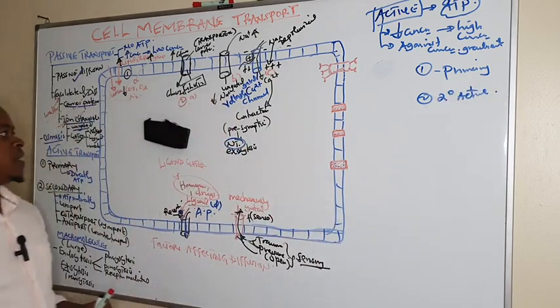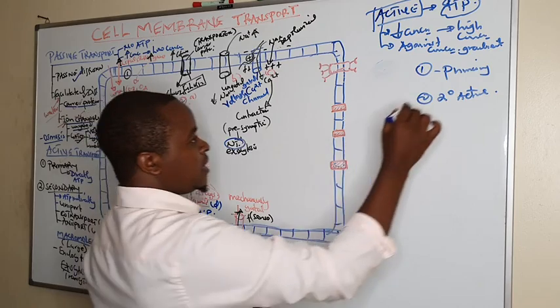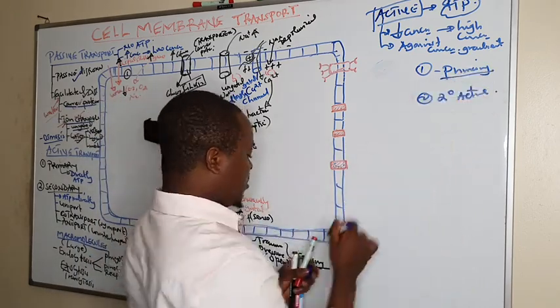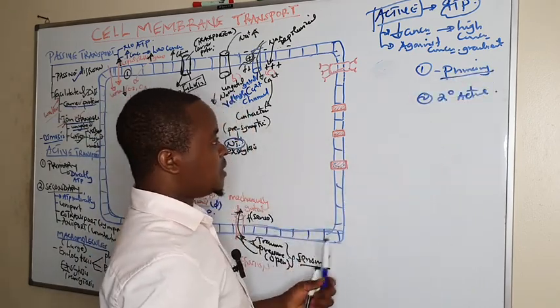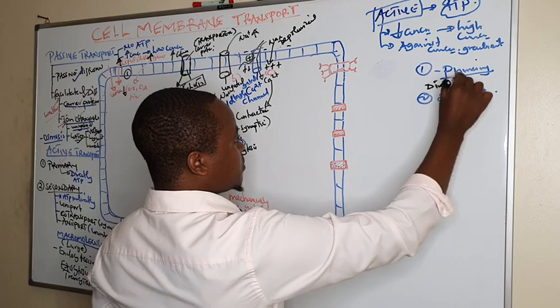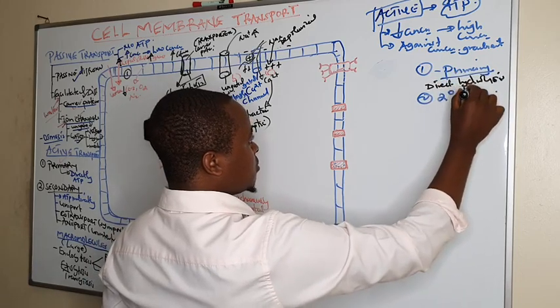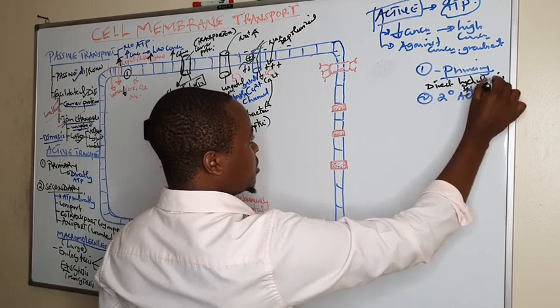And under primary, we saw there is direct utilization of ATP, there is direct hydrolysis of ATP.